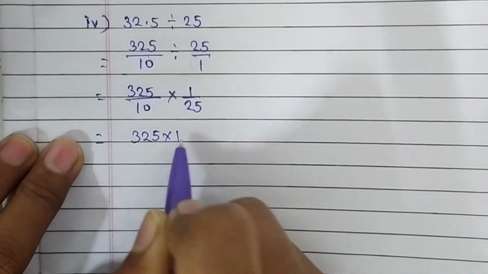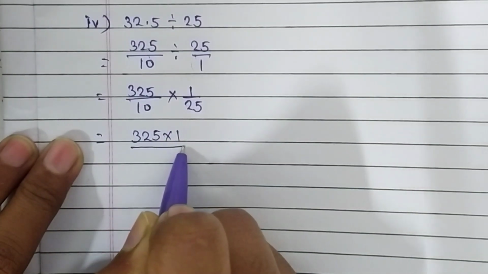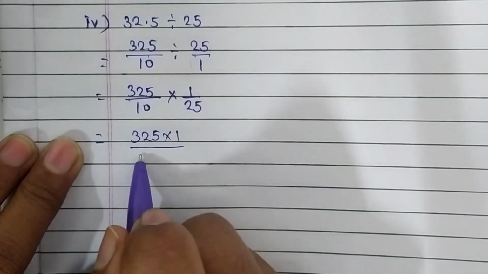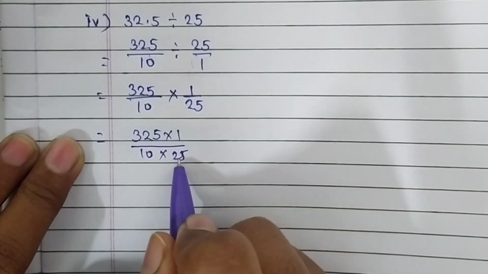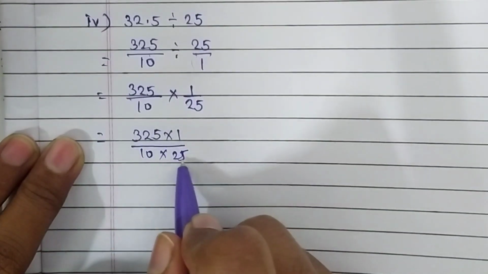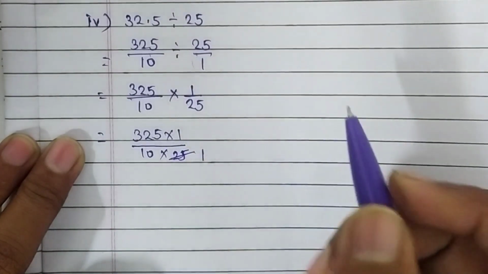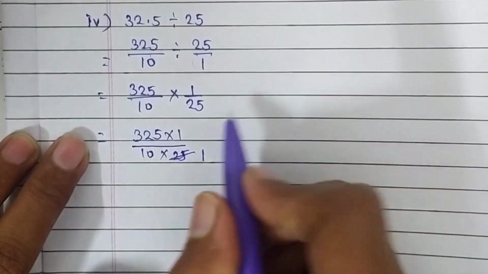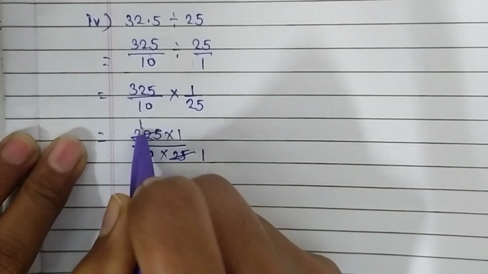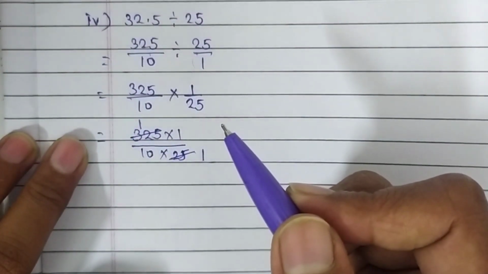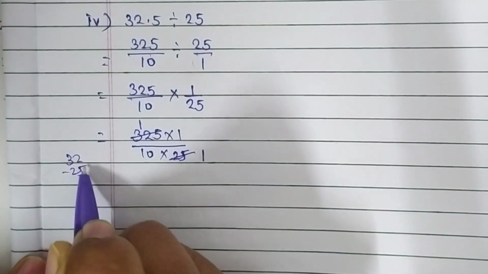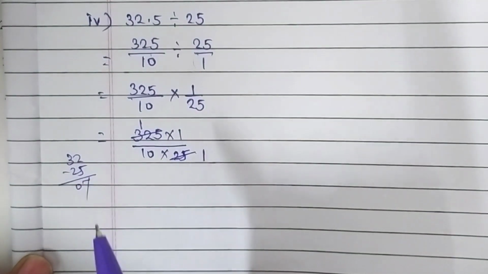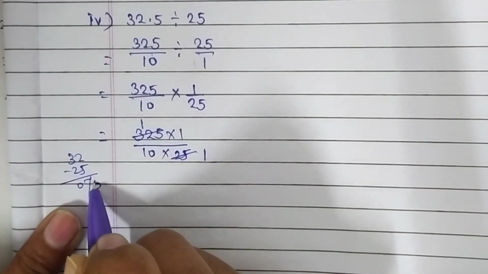Now on the numerator side we get 325 multiplied by 1 and 10 multiplied by 25. Let's divide 325 by 25. 25 ones are 25. 32 minus 25, the number we get is 7 and 5.